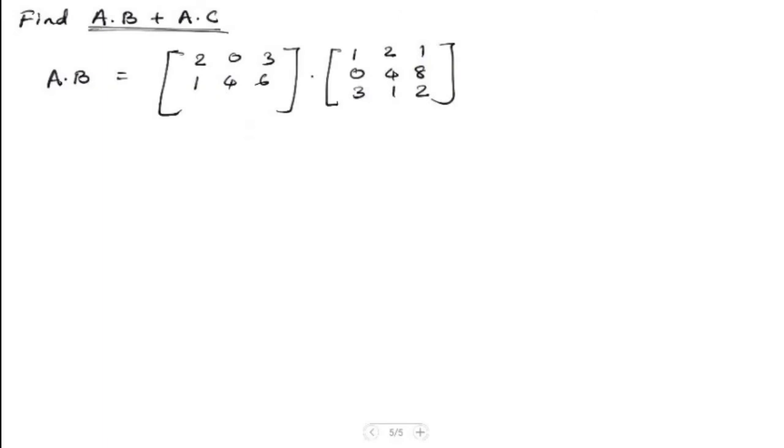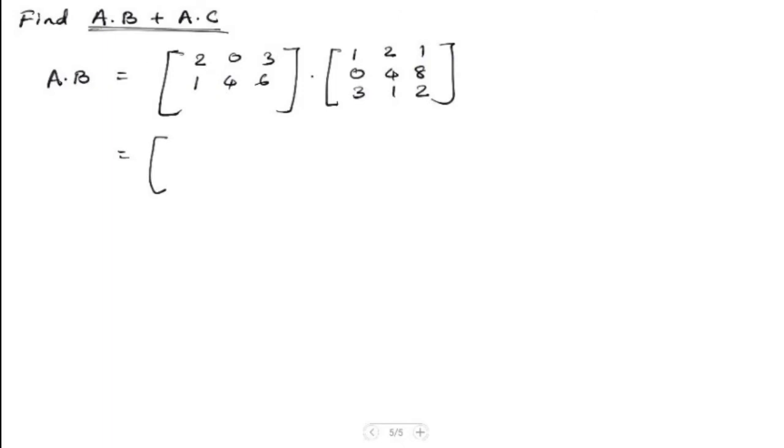Okay, so that's now here. If you want to recheck, we have this matrix is a 2 by 3 matrix and this one here is a 3 by 3 matrix. So yeah, they are equal, they can be multiplied. Okay, now let us do the multiplication.